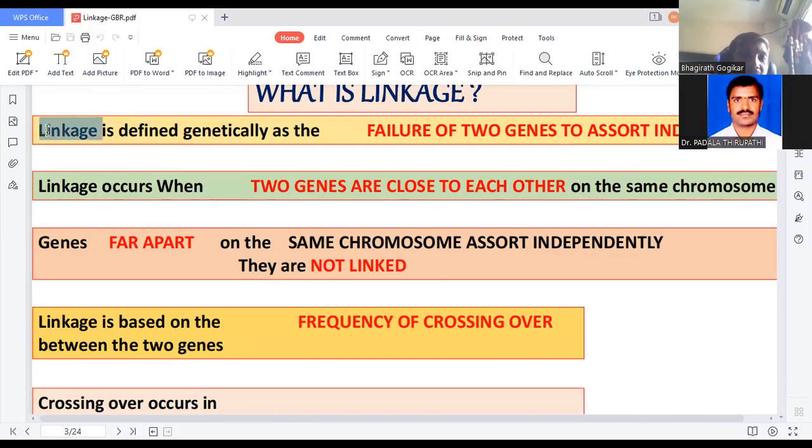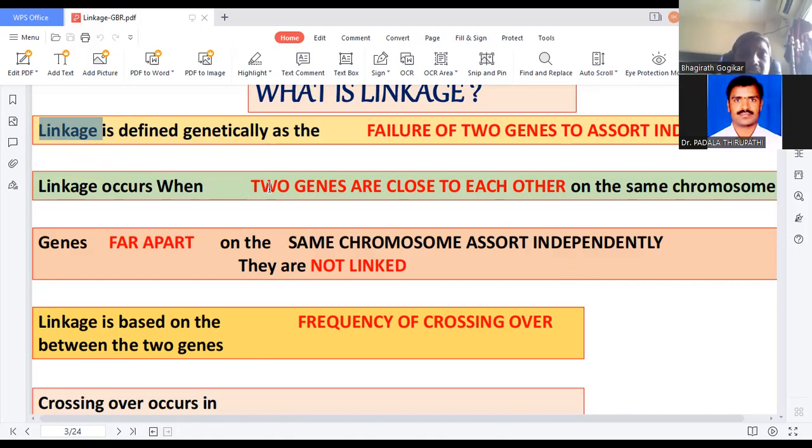What is that phenomenon? Linkage. Linkage is the tendency of genes, the togetherness of genes. All genes present on the same chromosome are linked, and they are transmitted to the same gamete, and then enter the offspring also.